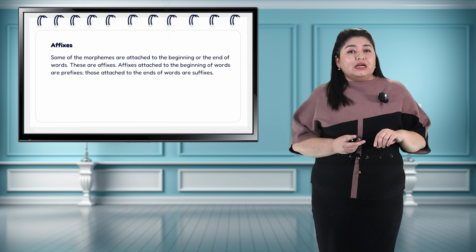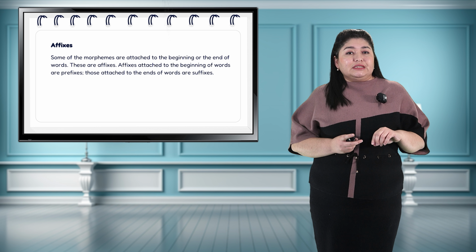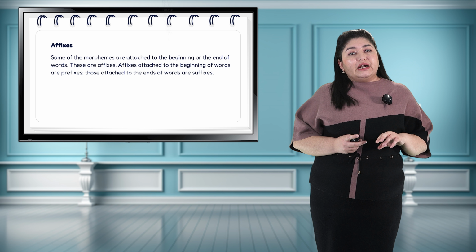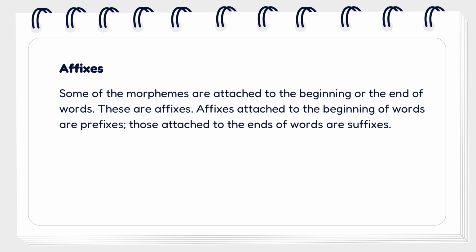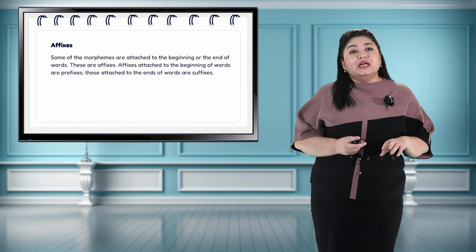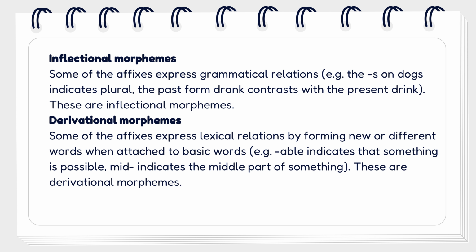Affixes. Some of the morphemes are attached to the beginning or the end of the word. These are affixes. Affixes attached to the beginning of words are prefixes. Those attached to the end of words are suffixes. In functional morphemes, some of the affixes express grammatical relations.